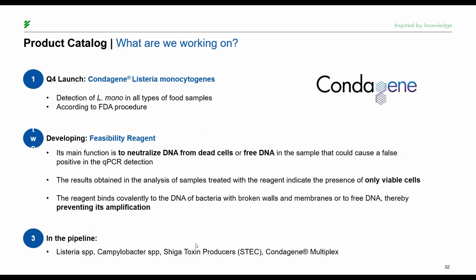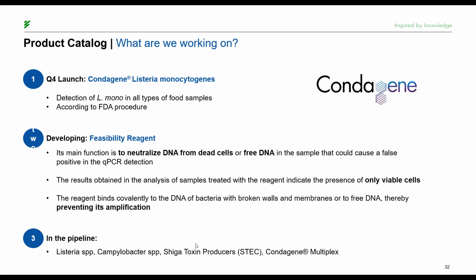Finally, what are we working on? We have practically ready the Conda gene kit for Listeria monocytogenes, and in development, one of the reagents I mentioned for the viability PCR, with which the DNA of non-viable cells or free DNA is neutralized to avoid false positives, one of the limitations of the qPCR.